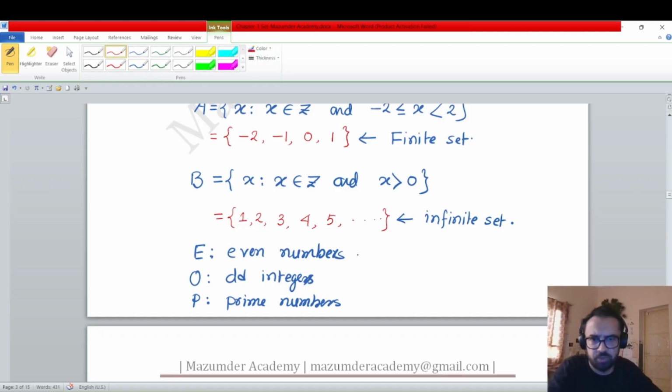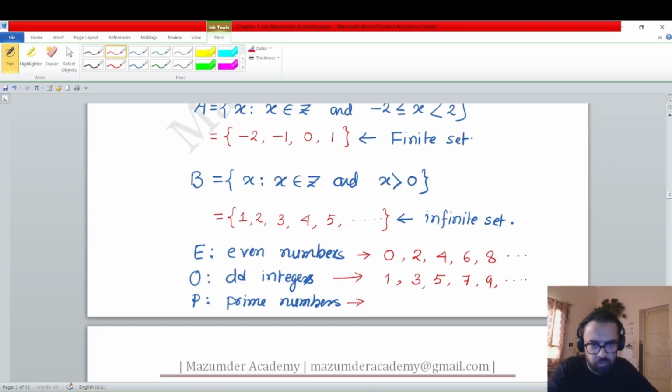Even numbers means what? If you remember, what are the even integers? 0, 2, 4, 6, 8, like this, up to infinity. What are the odd integers? It will be 1, 3, 5, 7, 9, 11, and so on.